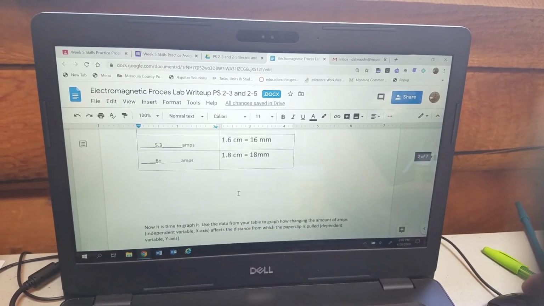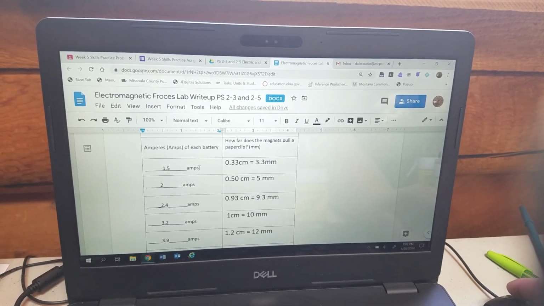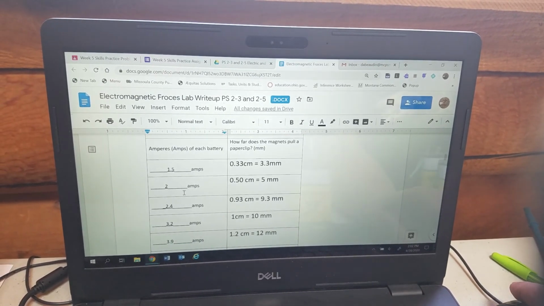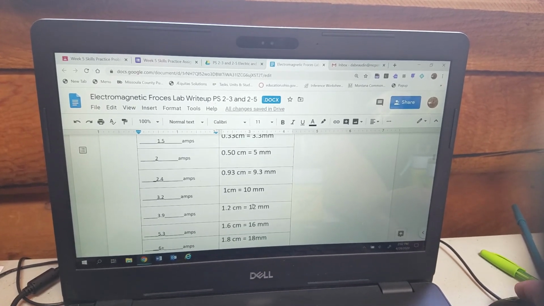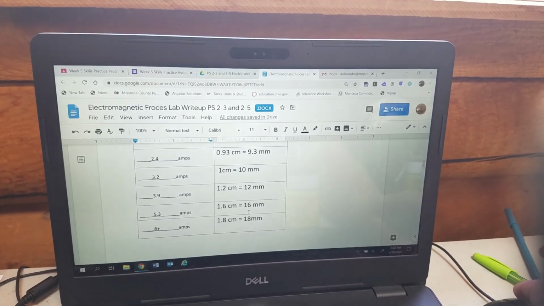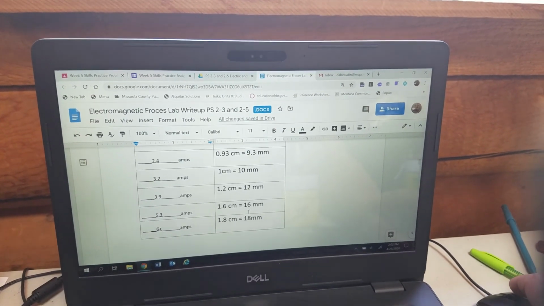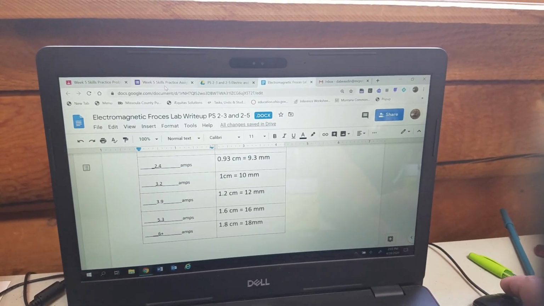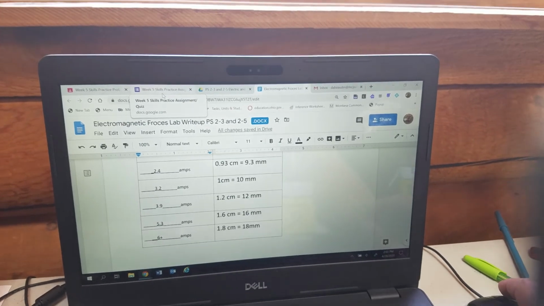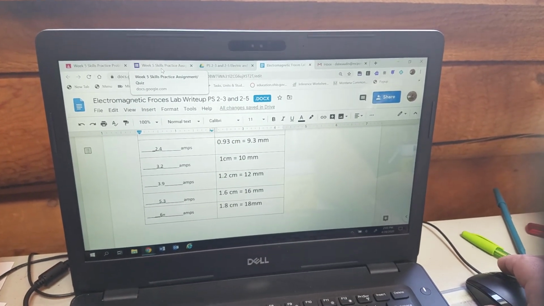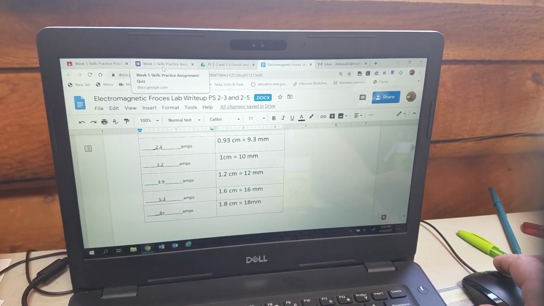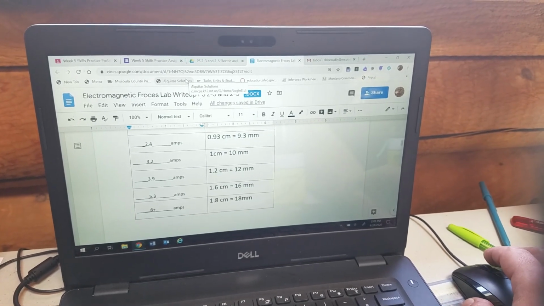Then in the previous example, we changed the number or amount of electrons flowing by changing the amps. And we saw that that also had an increase in the distance that it pulled. So we're changing the factors that affect the force of magnetic attraction in these objects. And that is the conclusion of this lab. All the other instructions are included in the materials and assignment for this week. And thank you for participating.